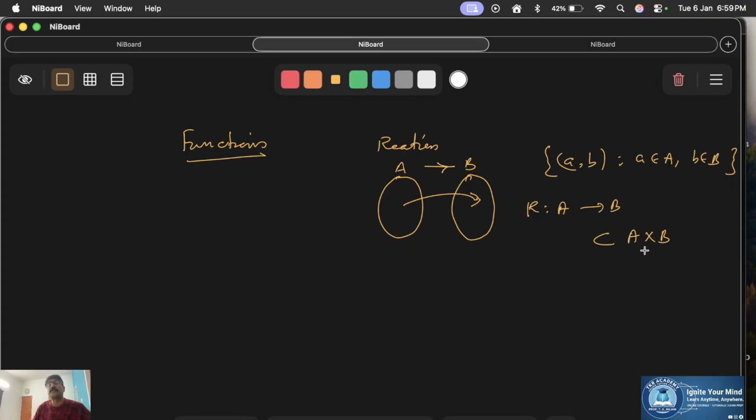So, any subset of A cross B is a relation from A to B.